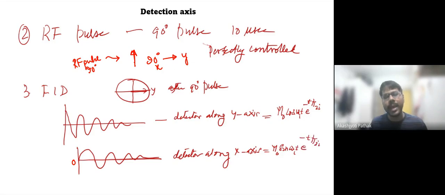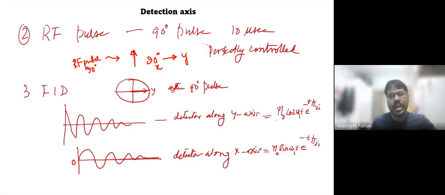So what happens is, when you apply this 90-degree X pulse, your magnetization shifts to the XY plane. There will be some components on the X axis and some on the Y axis. Whether you place your detector on the X axis or the Y axis will determine what type of FID you obtain.